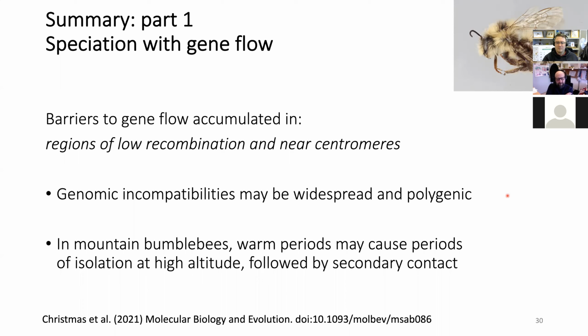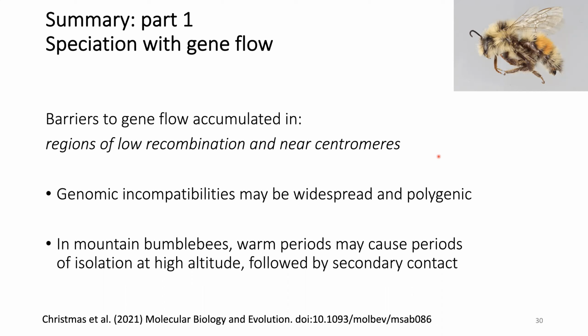This suggests that potential genomic incompatibilities could be quite widespread in the genome, but they become fixed more readily in these regions. So it suggests that the architecture of the genome is pretty important in determining which parts of the genome act as barriers to gene flow.